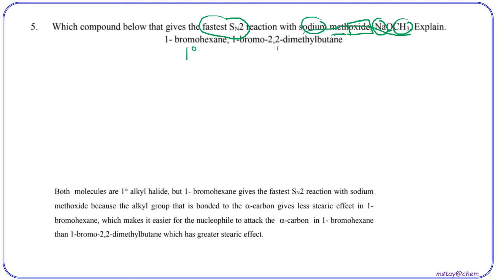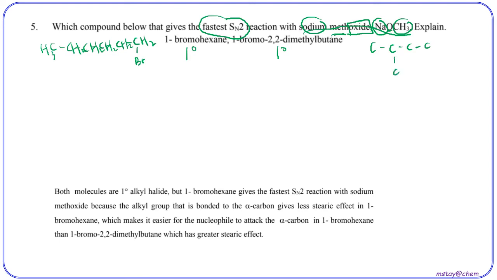1-bromo-2,2-dimethyl is also a primary haloalkane. So hexane with 6 carbons, and then 1 bromine at the first carbon. Complete with CH3, CH2, CH2, CH2, CH2, and this one also CH2. While 1-bromo-2,2-dimethylbutane, butane is the parent name.